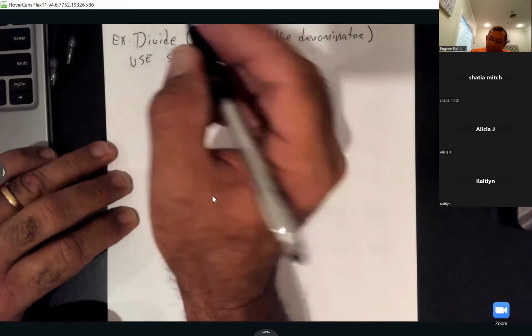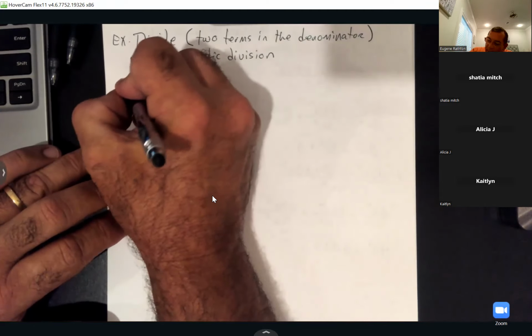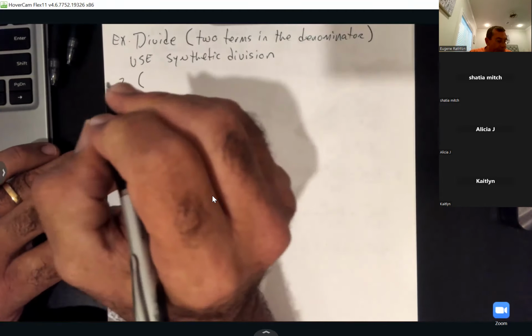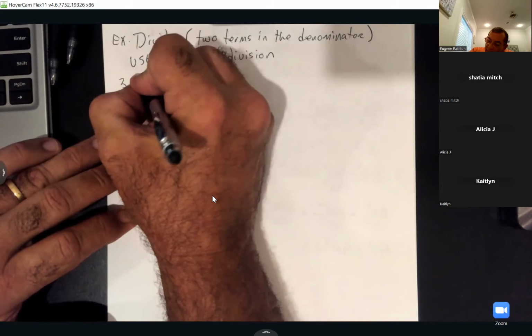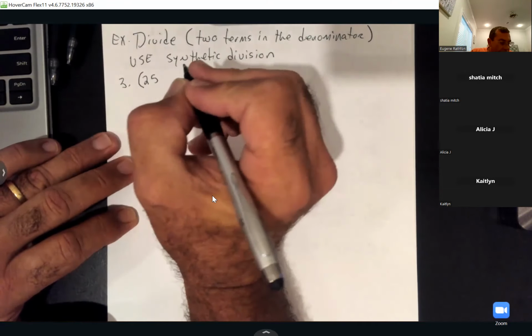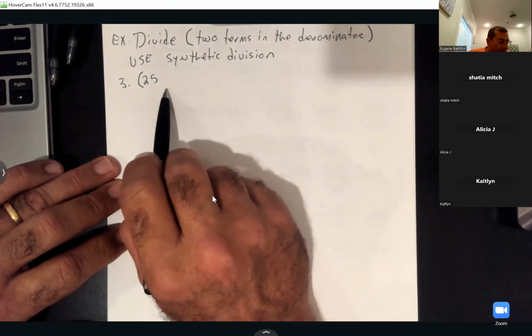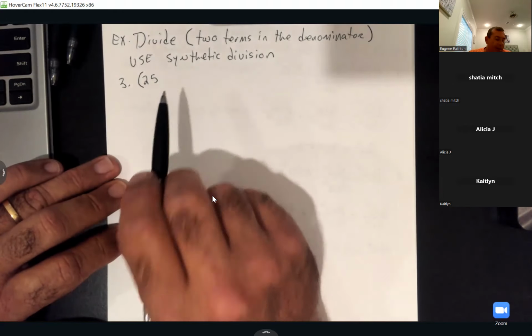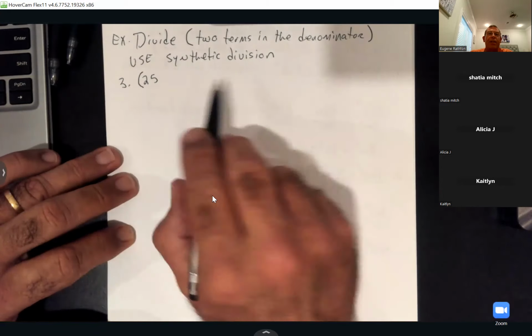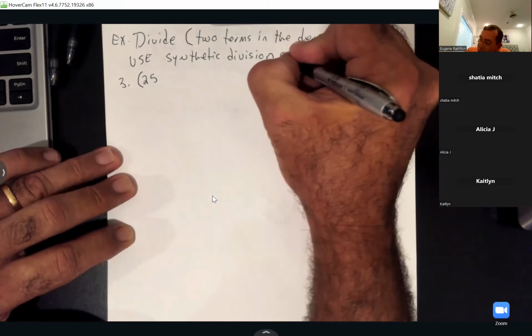So this is our number 3. So this one will have parentheses. Oh, well, I won't use synthetic division on this one. This one we're going to use long division, and then I'll show you synthetic.